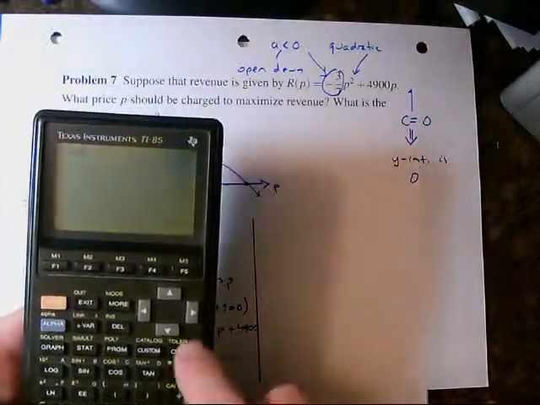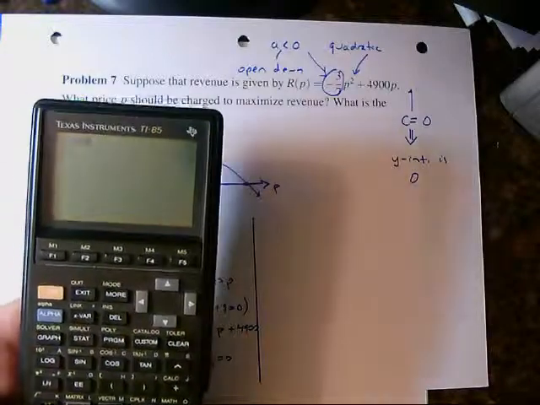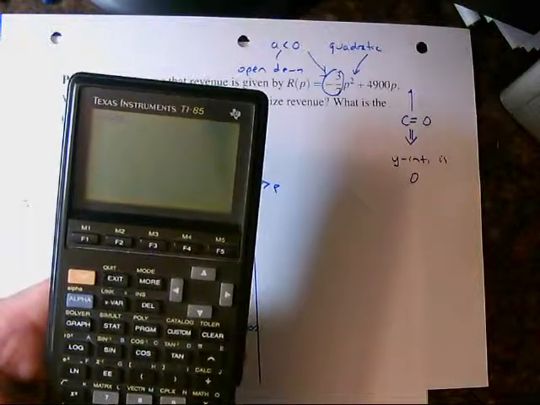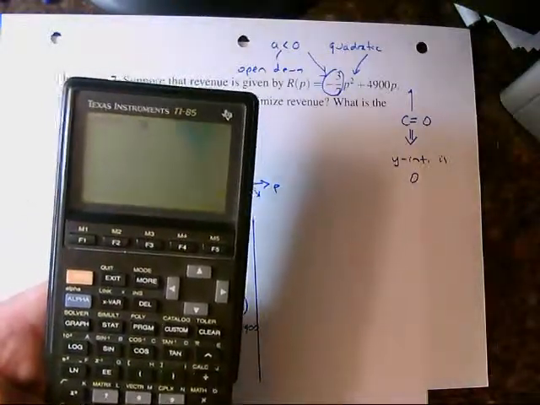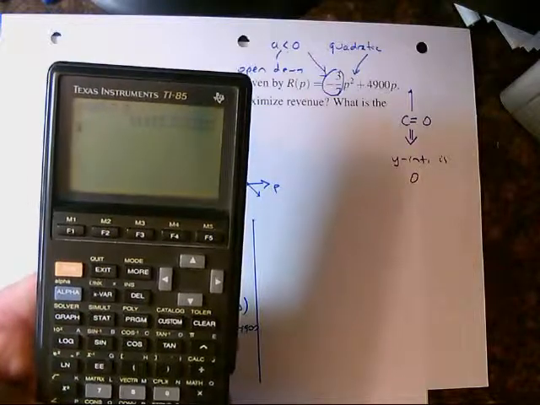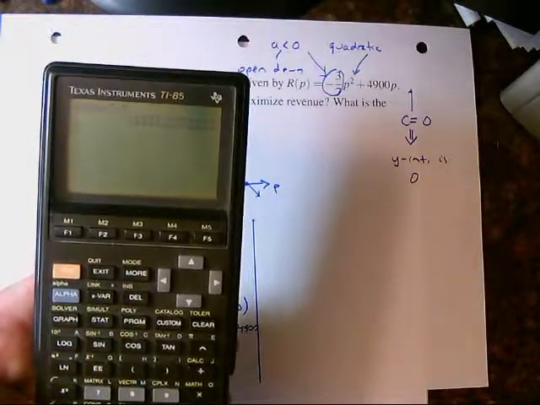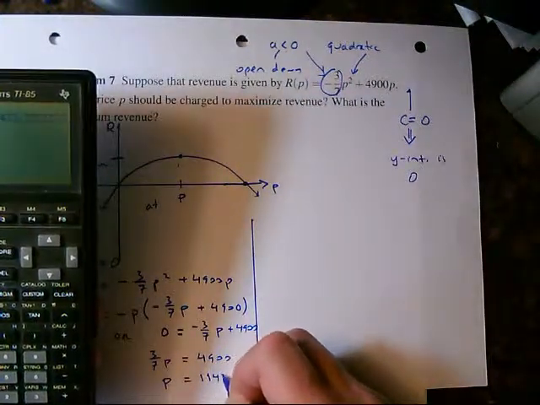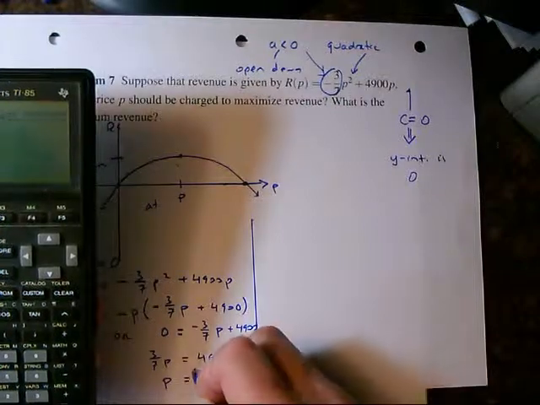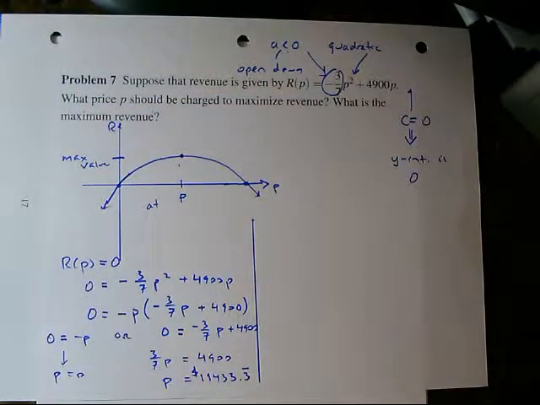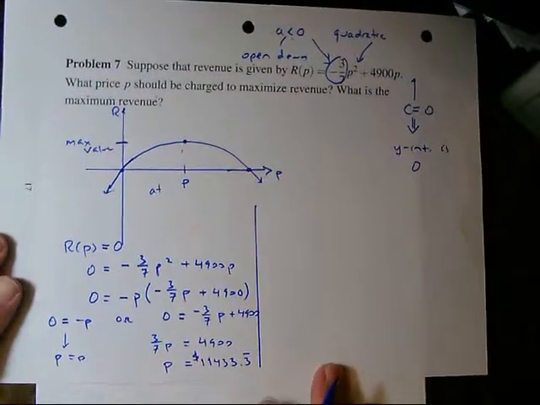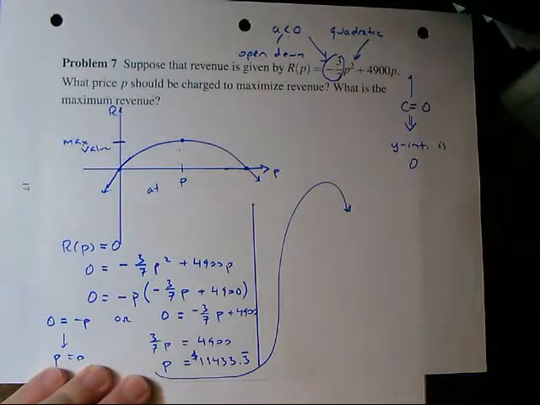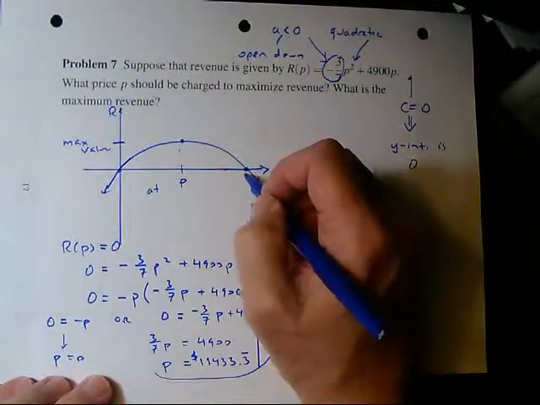Or p equals, and now you get to see my incredibly ancient TI-85 calculator in action. I'll multiply both sides of the equation by the reciprocal 7/3: 4900, and I'm trying to hold this up to where the camera will focus on it, times 7 divided by 3. 11,433 and 3 repeating. 11433.3 repeating.